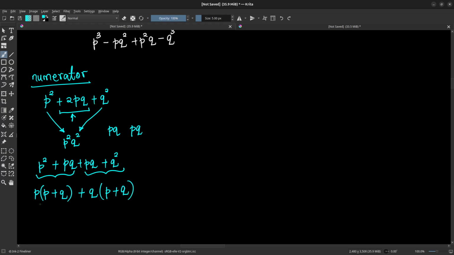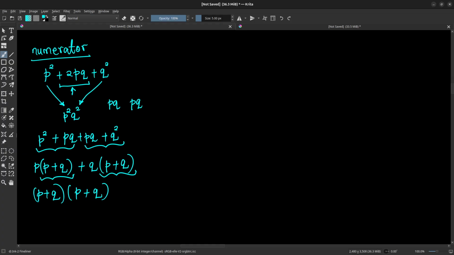So we have p plus q here, and we have it here. So let's factor out p plus q. The first term divided by p plus q is going to give us p, plus the second term divided by p plus q is going to give us q. So you can see that this is the simplification for the numerator.